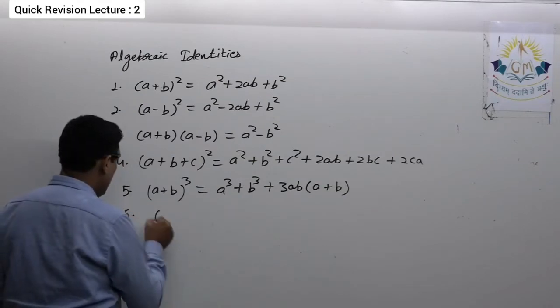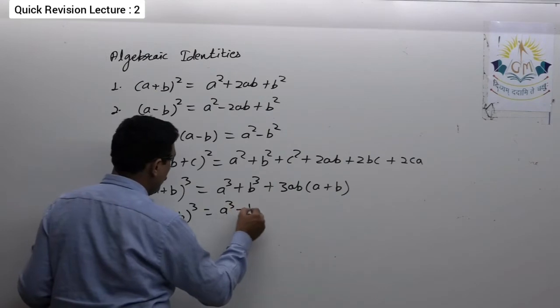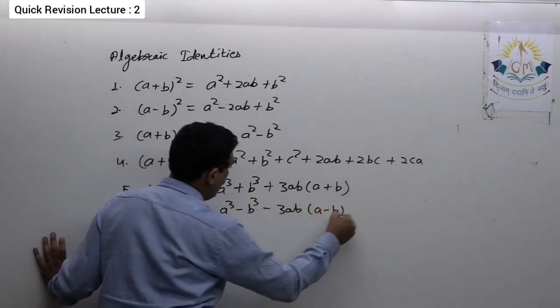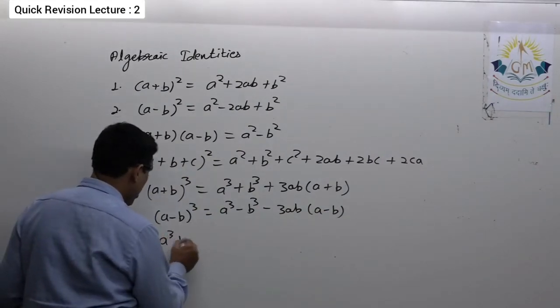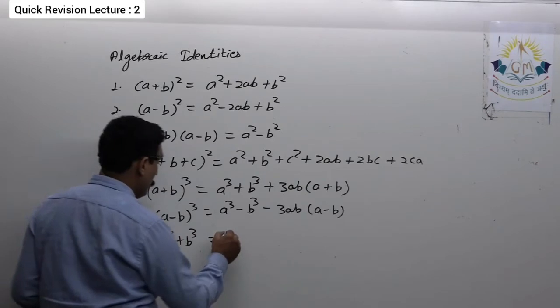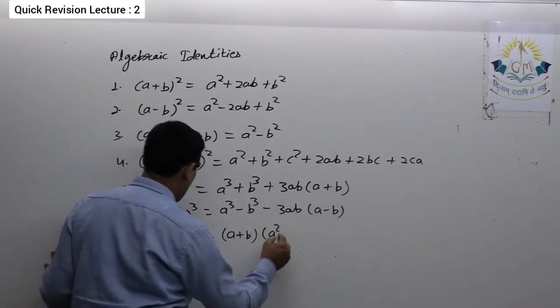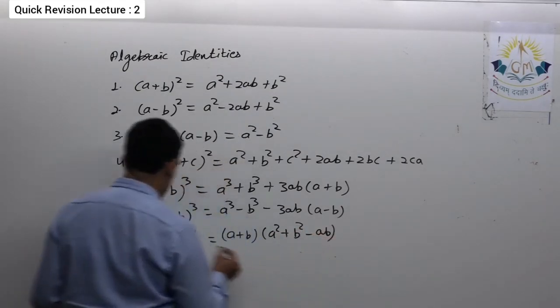Then the sixth one is a minus b whole cube, that is a cube minus b cube minus 3ab into a minus b. Seventh is a cube plus b cube, that is equal to a plus b in the first bracket, then a square plus b square minus ab.